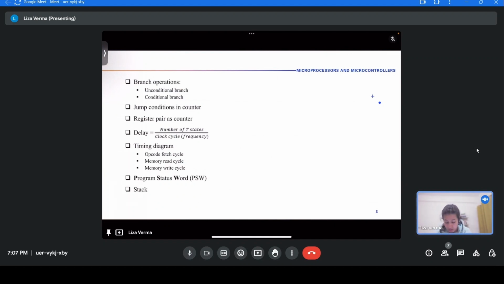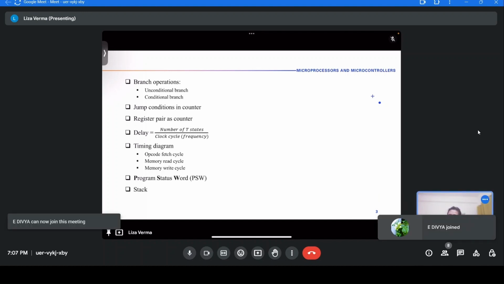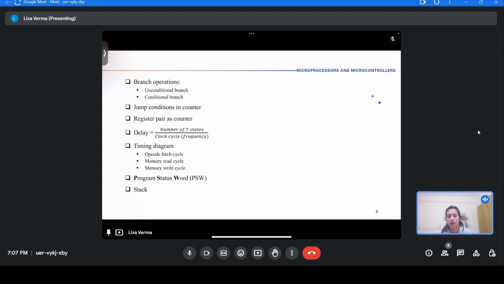So first and foremost, the lectures deal with these topics, and we'll start with branch operations. What are branch operations? Branch, as you can see, is different from the main program, right? Any instruction that makes the MUP execute instructions which are not in the main program is called a branch operation, or branch instruction.